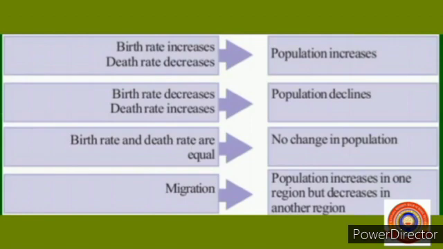When birth rate of a country increases and death rate decreases, population increases there. When birth rate decreases and death rate increases, population declines there. When birth rate and death rate are equal, there is no change in population. But in the case of migration, population increases in one region but decreases in another region.